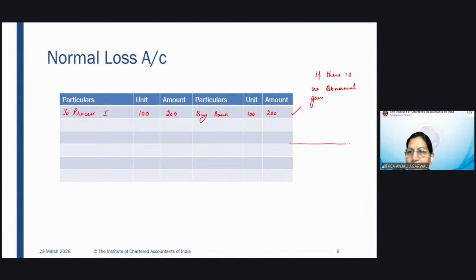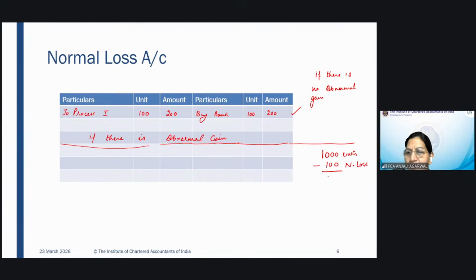However, let us look at what happens if there is abnormal gain or effectiveness. Like in the previous example, 1000 units were introduced in process 1. 100 units should have been lost as normal loss.